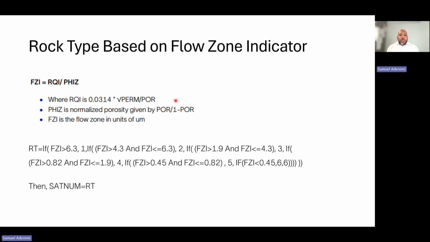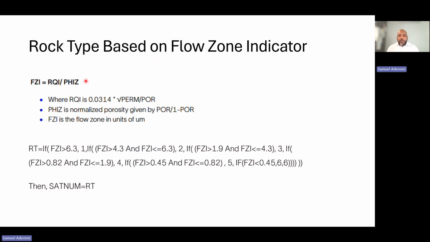Then we move on to the calculation of the flow zone indicator, which is simply the ratio of the reservoir quality index to the normalized porosity. The physical interpretation of this is that the FZI reflects the quality and the connectivity of the pore system.